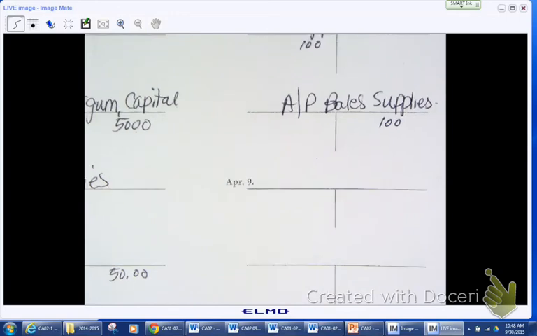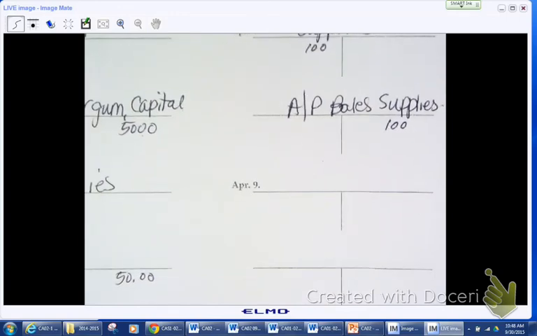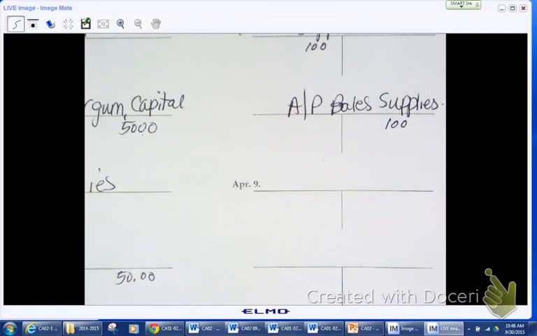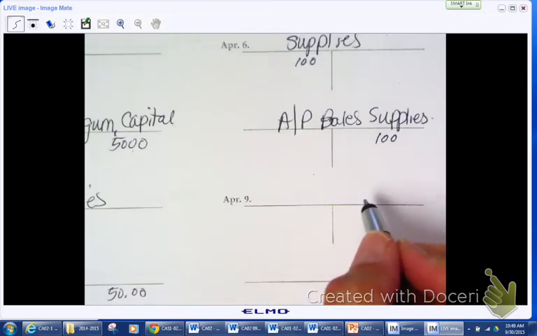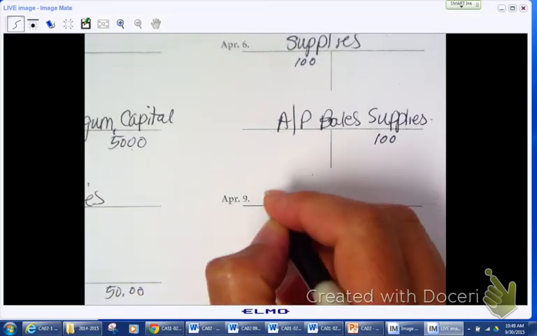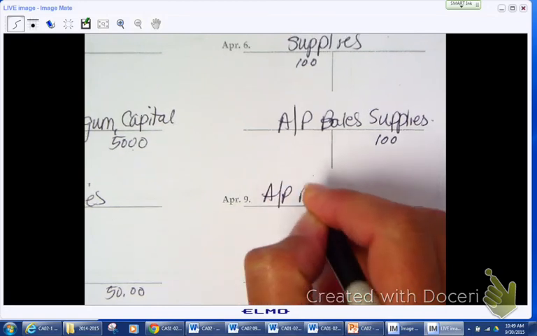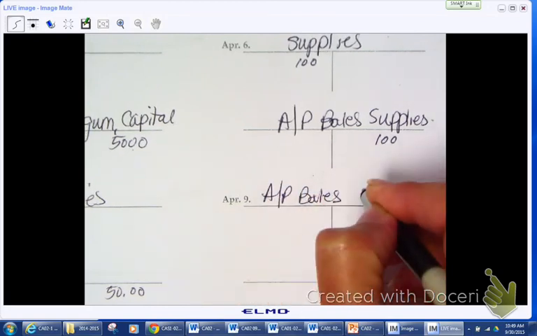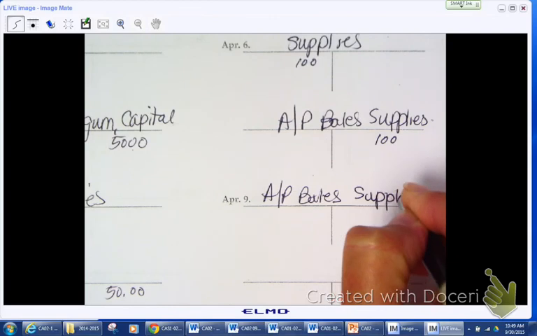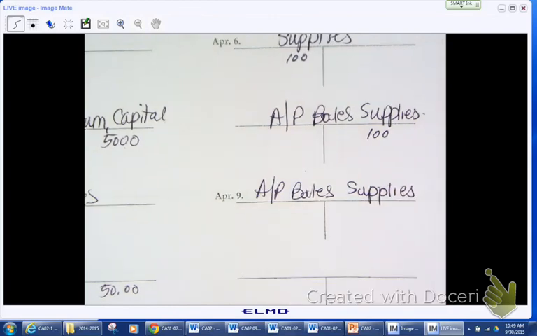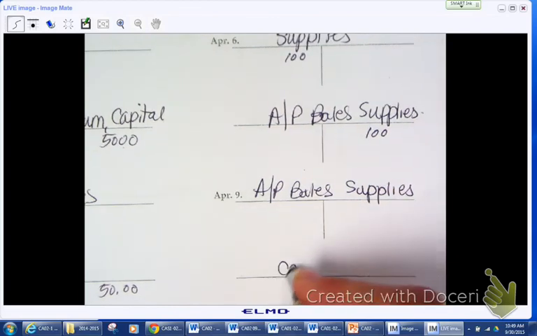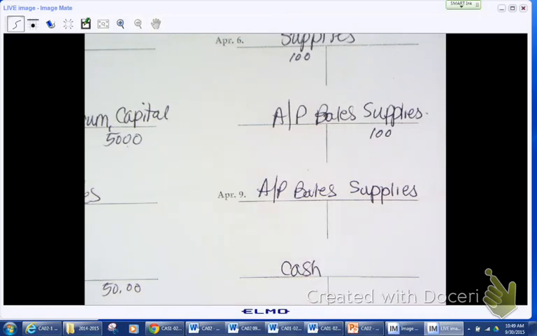So our last transaction here is on April 9th, we paid cash on account to Bales Supplies, $50. So what are the two accounts that are affected? We've got accounts payable, Bales Supplies. We always put the debit first. And then our cash account is affected. How are these accounts classified?